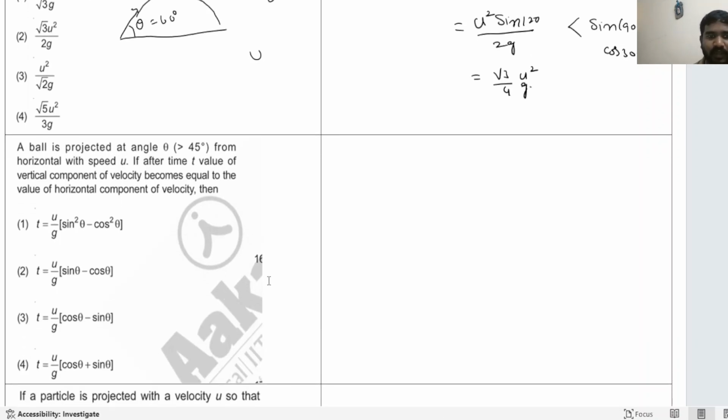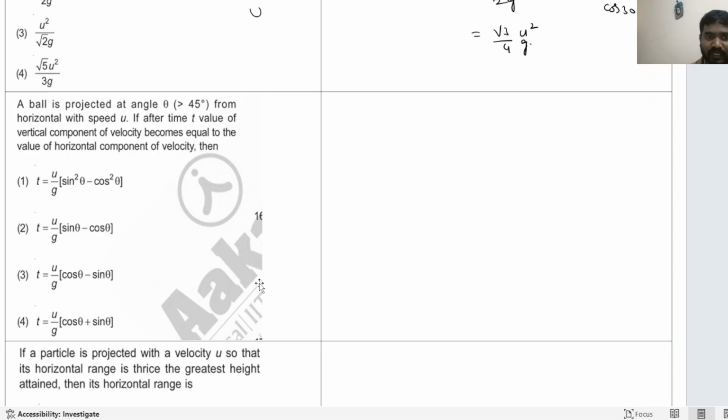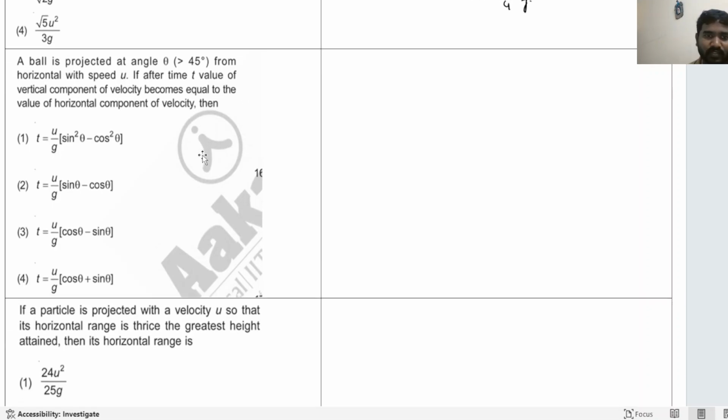Next problem. A ball is projected at an angle theta from the horizontal with a speed u. After time t, the value of the vertical component of velocity becomes equal to the value of the horizontal component of velocity.